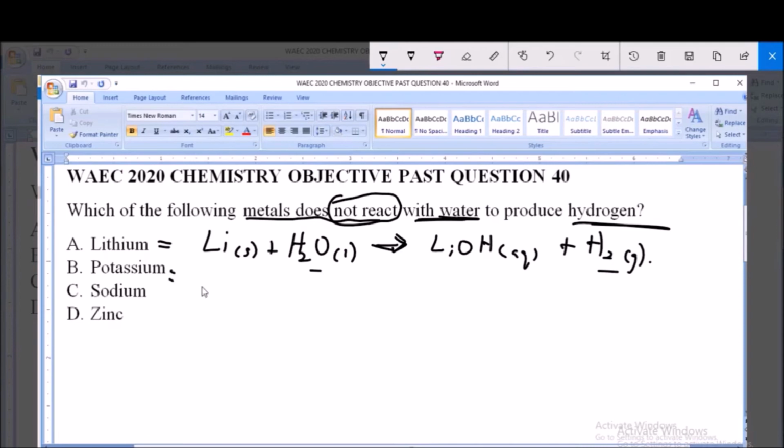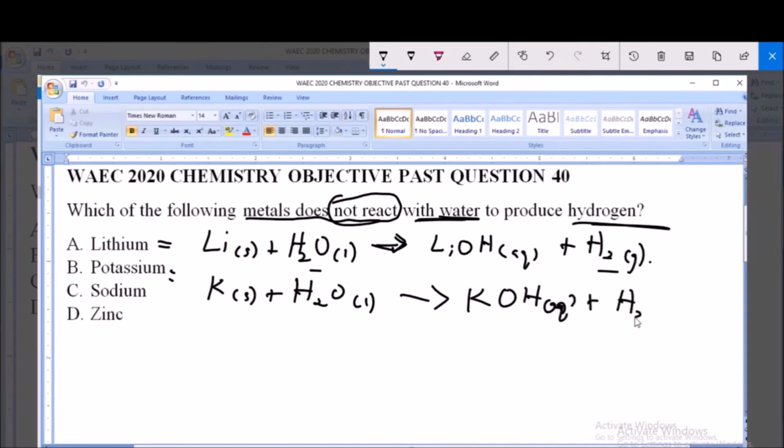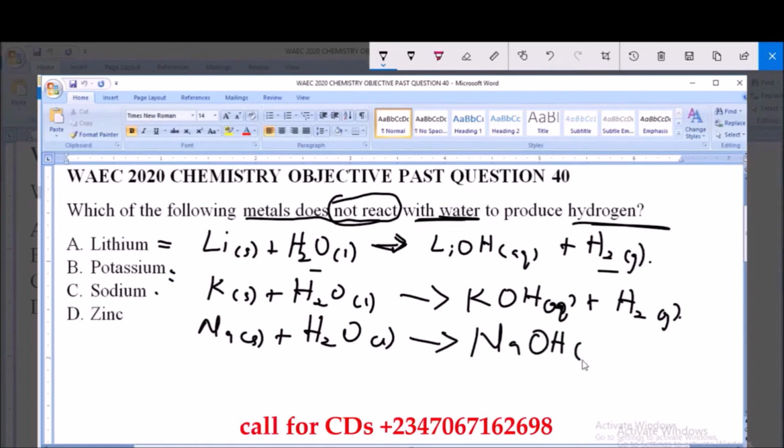Option B, potassium, similarly reacts with water to form potassium hydroxide and hydrogen gas. Option C, sodium, also reacts with water to form sodium hydroxide and hydrogen.